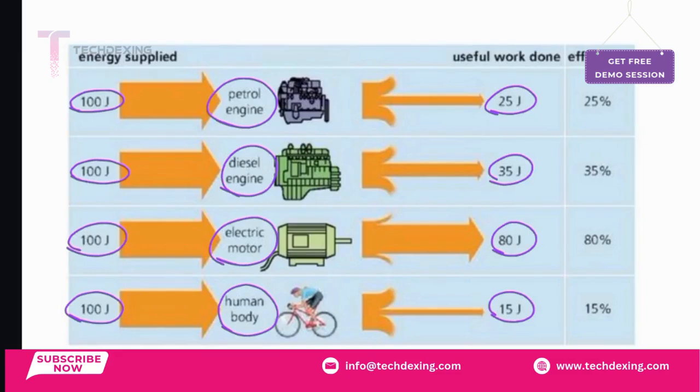So if I ask you, we are given four things: the petrol engine, diesel engine, electric motor and human body. According to you, which one is wasting most of the energy? The human body. It means that the human body is wasting a lot of energy. And which one is wasting the minimum amount of energy?